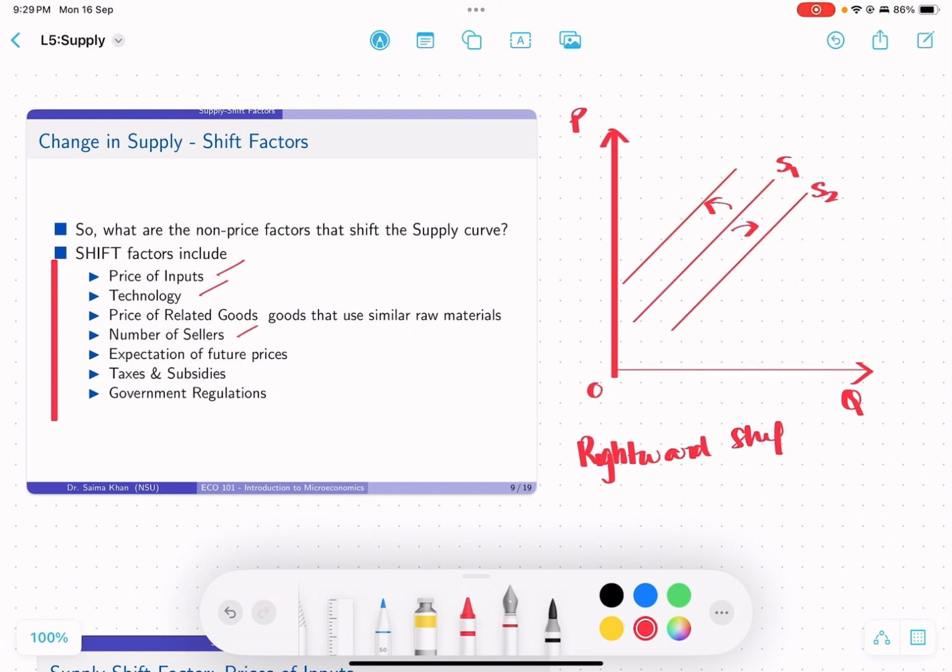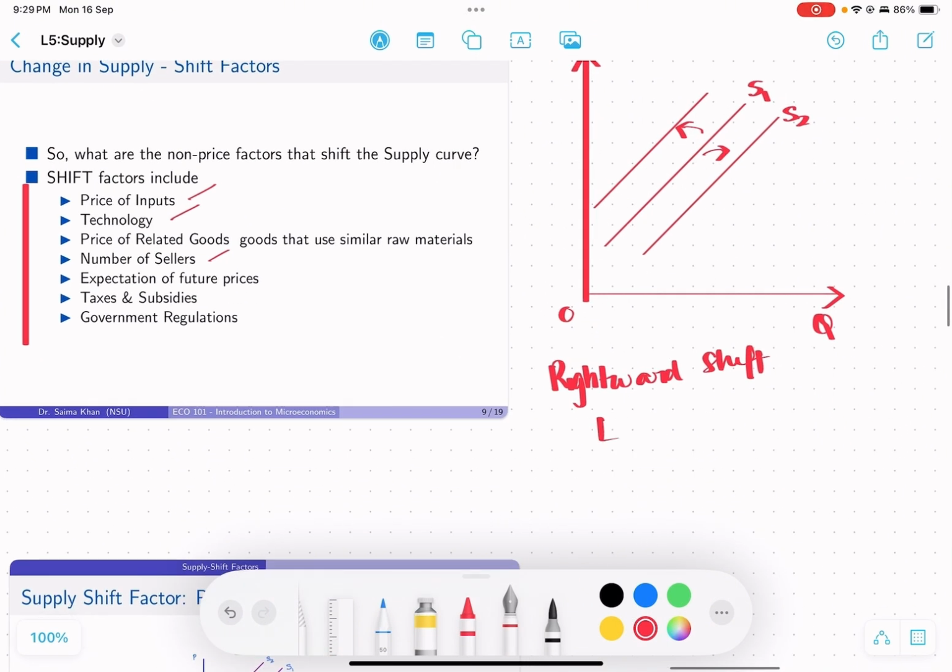What does that actually mean? A rightward shift means that at each and every price, the amount being produced is going up. It is greater than before. Graphically, why don't we take a closer look?